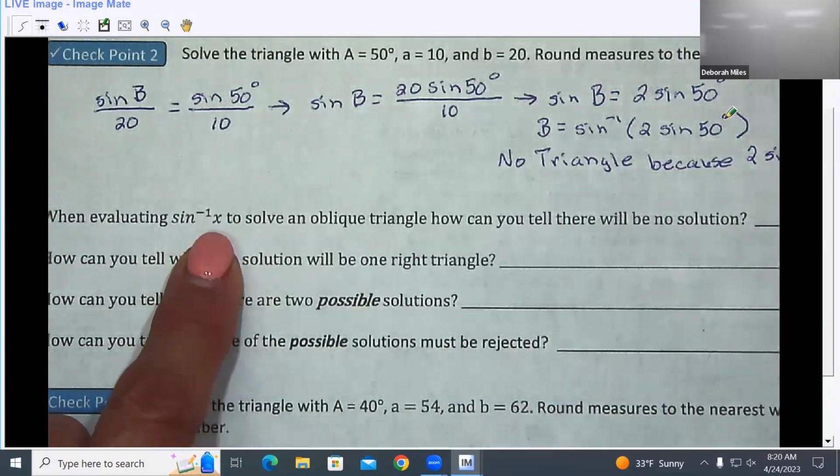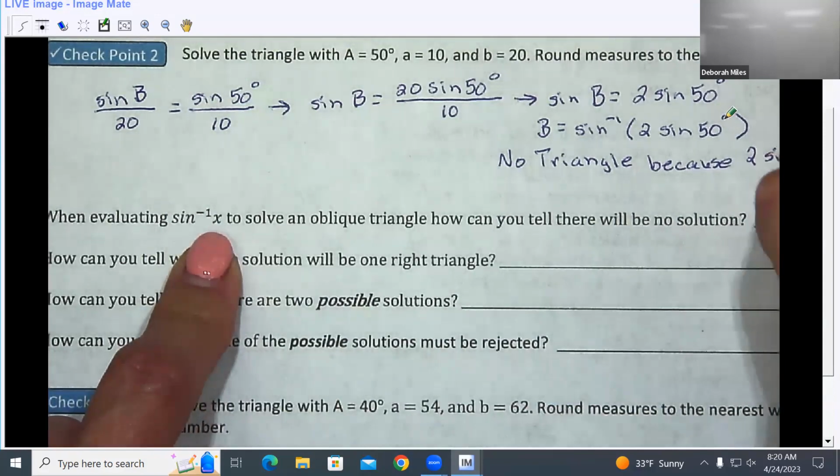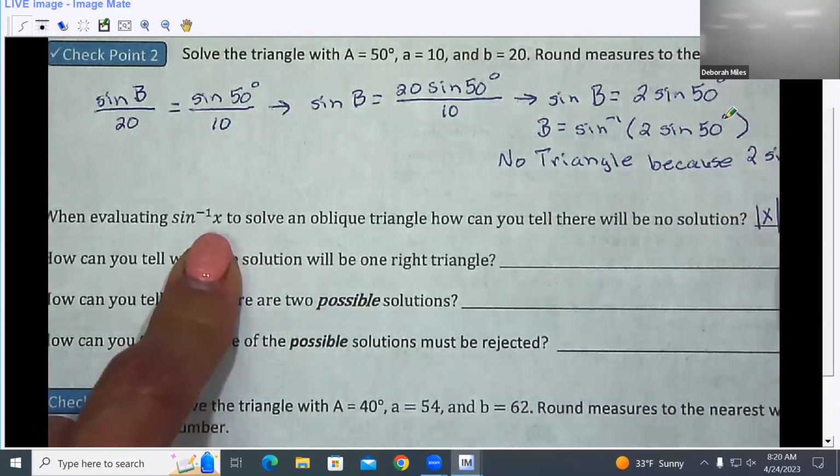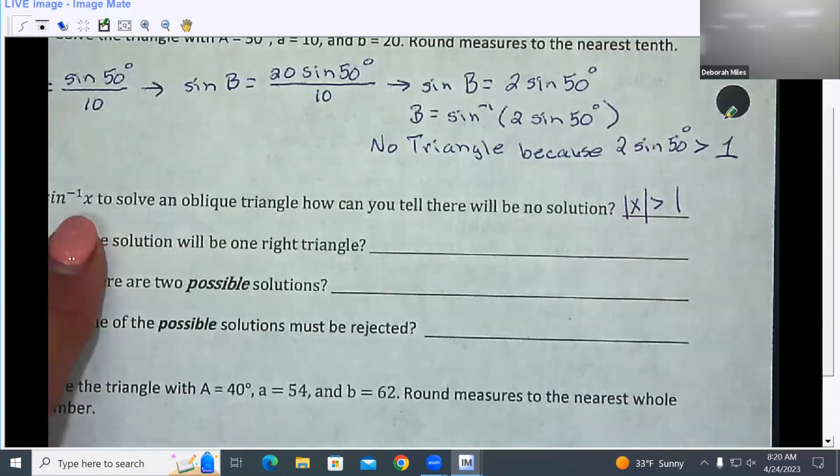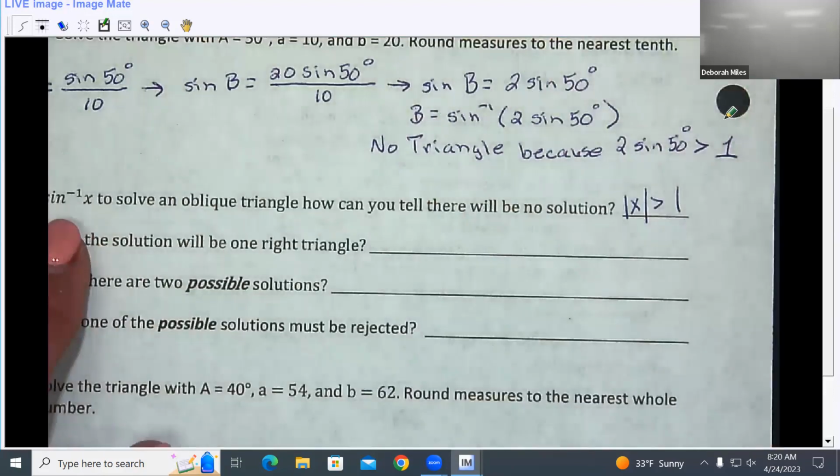The short way to write that is the absolute value of x is greater than 1. If x were -1.7, you take the absolute value, that's greater than 1. So there would be no triangle that exists with the information you're given.